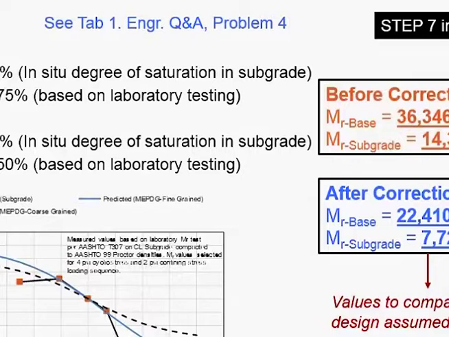I love all the empirical stuff, but when it comes down to it, I prefer testing. This one's kind of interesting because if you look at the correction for the subgrade, it was about 14,000 psi before the correction, and after the correction, about 7,000 psi. So it does make a difference.